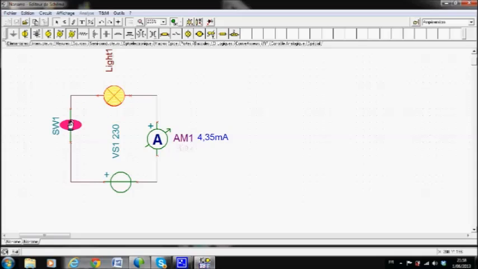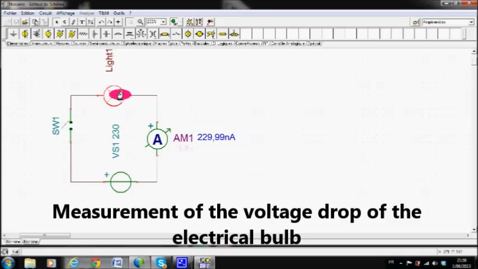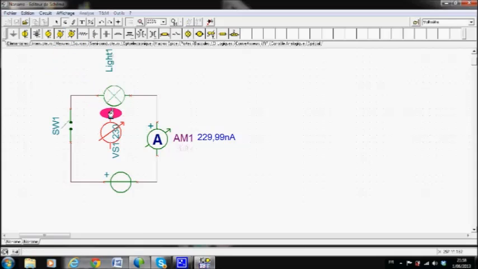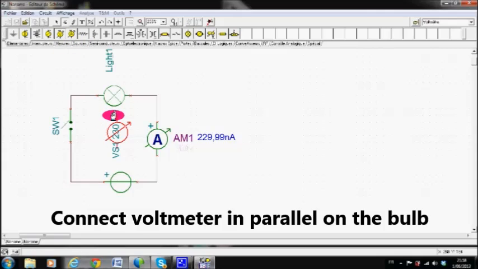Now what I'm going to do is put a second light in series. But before that, I'm going to measure the voltage drop of my light. So I choose my voltmeter. We've seen that the voltmeter must be in parallel.